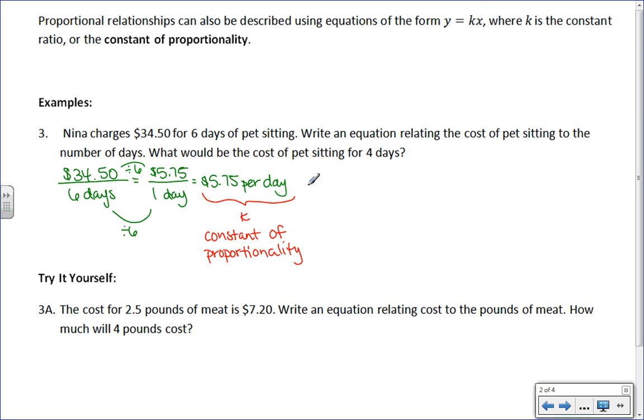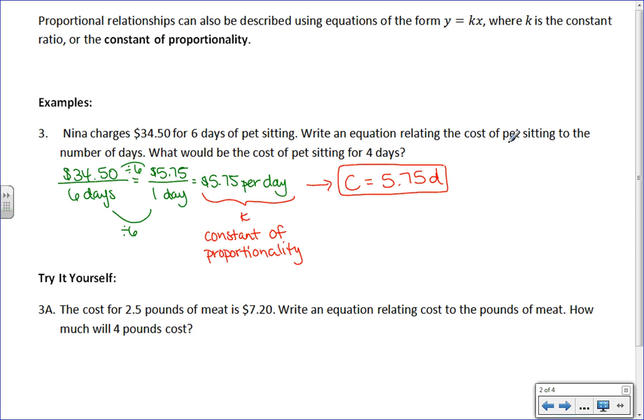So that means the cost, C, is equal to 5.75 times D, the number of days. And this fits the format of this equation. In this case, we don't have y, we have C for cost. k is the number we found for the constant rate, and x in our case is the number of days. So this answers the first question.